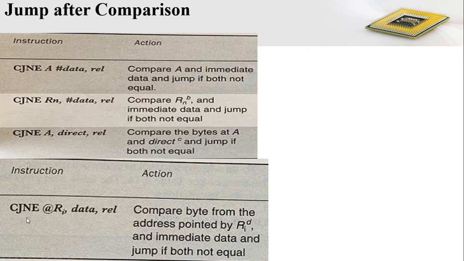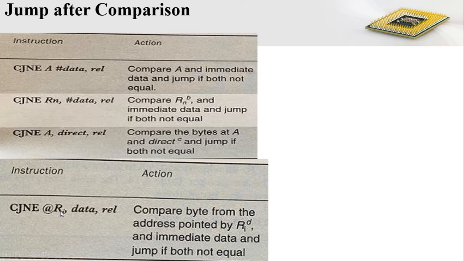Okay, next one, CJNE @Ri comma data comma relative address. Here also we need a comma separation, so this is a syntax mistake. The forms are CJNE A comma immediate data, Rn comma immediate data, A comma direct. Similarly, this one indicates an indexed or indirect method of instruction representation.